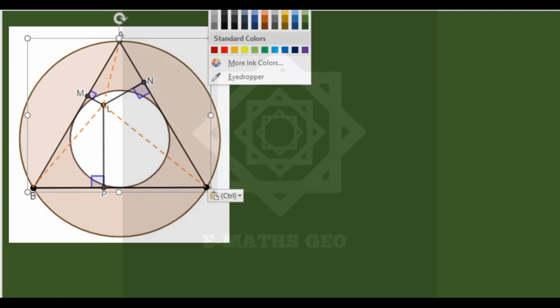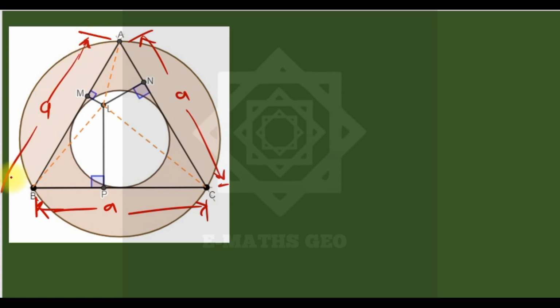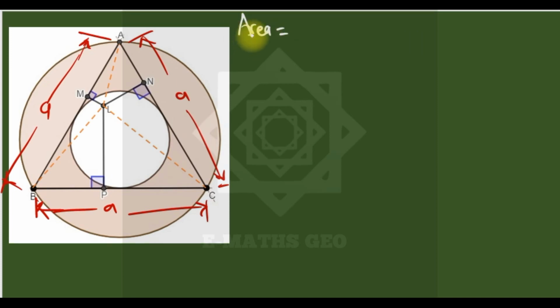Let's call the side of this triangle A. Each of them is an equilateral triangle, so each side is A. So the area of this triangle is half the base, which is A, times the height H.